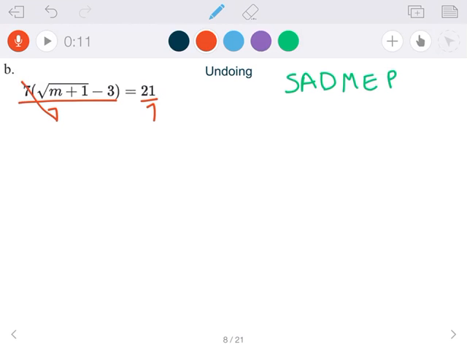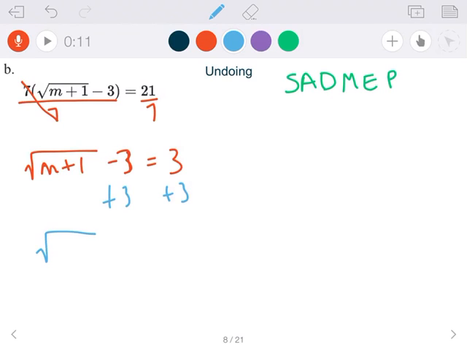7 divided by 7 is 1, so we're left with the square root of m plus 1 minus 3 equals 3. And then, now that I've done that division, I actually have an addition and subtraction problem that I can do something with. So I'm going to add 3 to both sides.